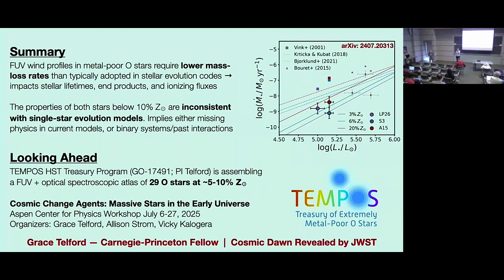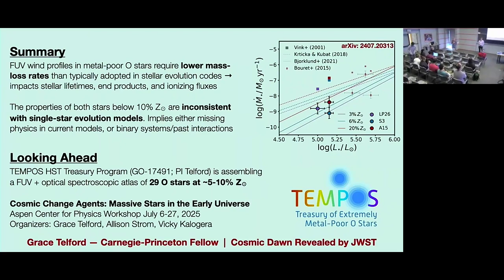So thank you, Grace. This was wonderful, and I think it's very relevant to all the science that we have been discussing. So my question is, I hate to ask you this, but what is the dependence on the atmospheric models that you are using? Because we all know that this is a very tricky business.